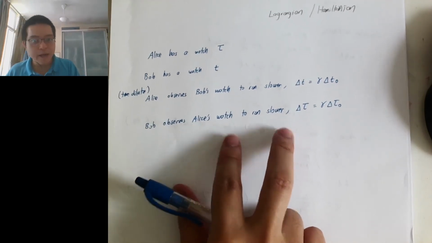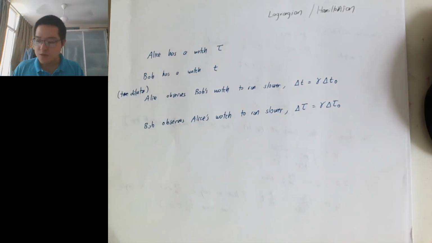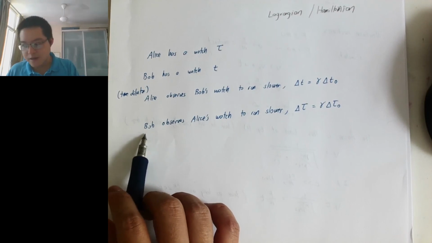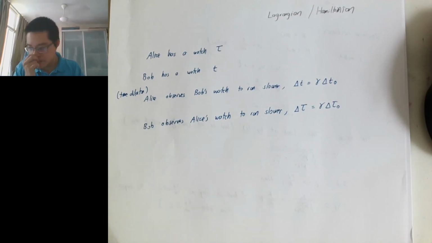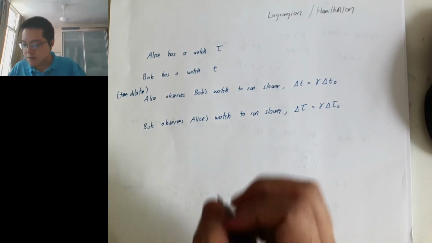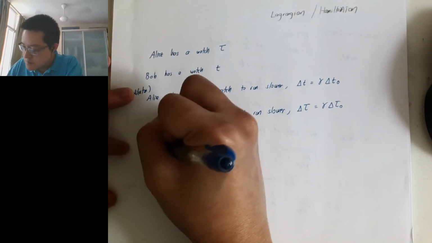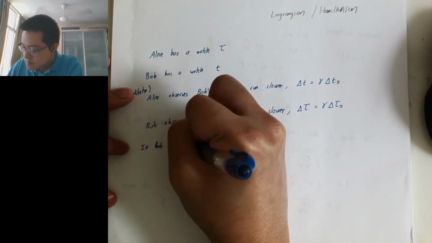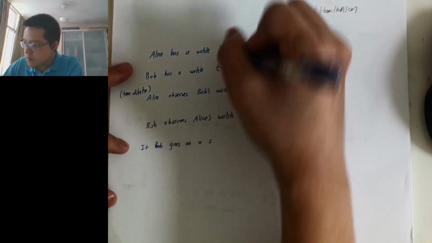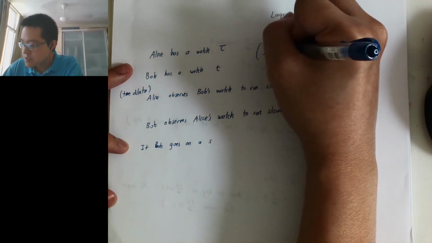So where does the paradox come in? Let's say Bob is on the spaceship. At the time I was calling him Buzz and Alice is Woody. By the way, Alice and Bob are initially the same age.